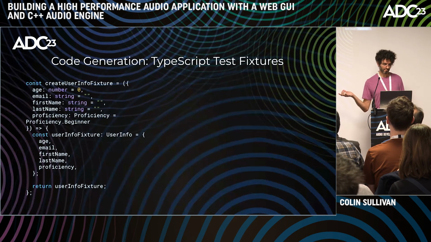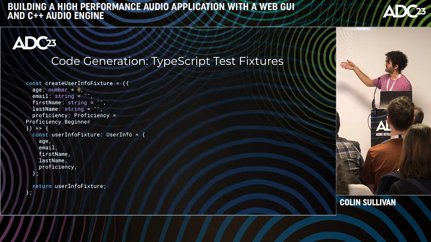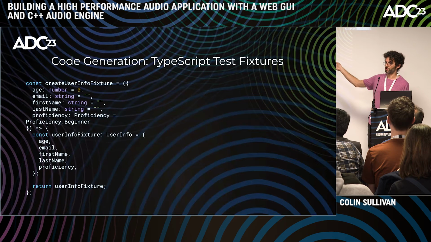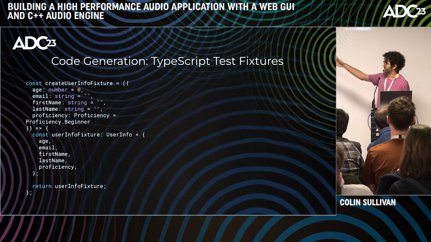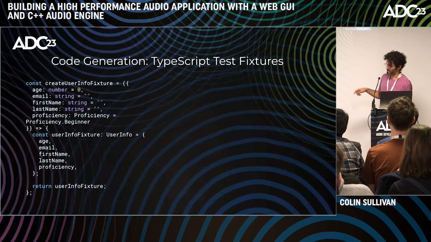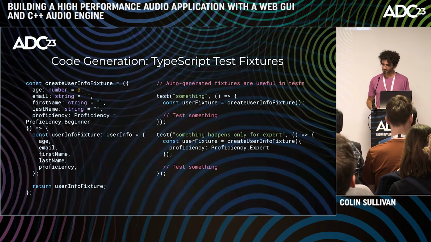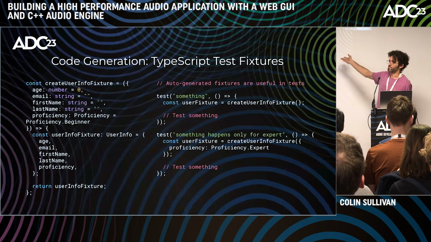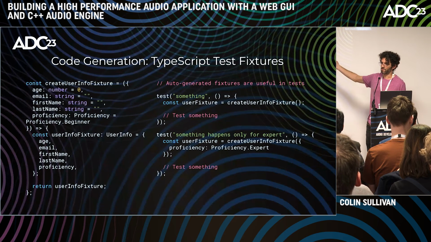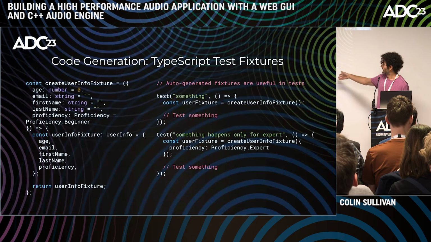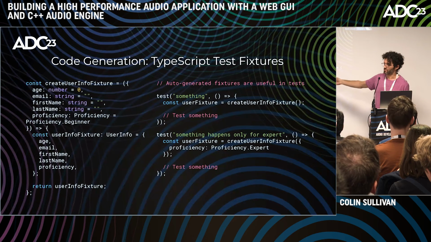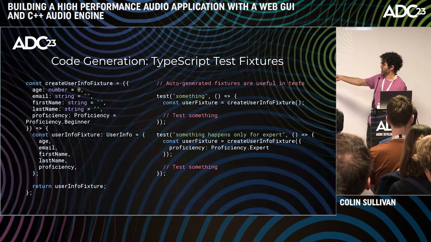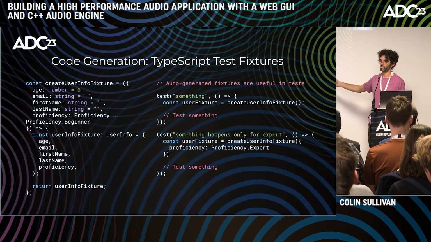Here's one of them: a factory method that creates a test fixture with all these values as defaults. Imagine we're writing a test. On the right here, this test wants a user info object, but it doesn't care what's in there, so it's fine with all the default values. The second test wants a user info object, but it wants an expert because that is important for the test.